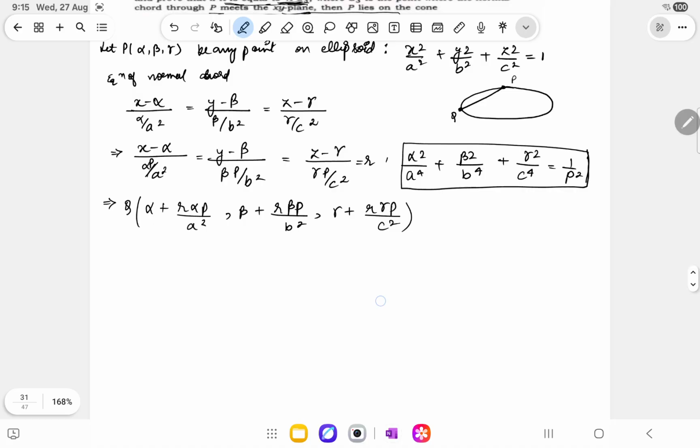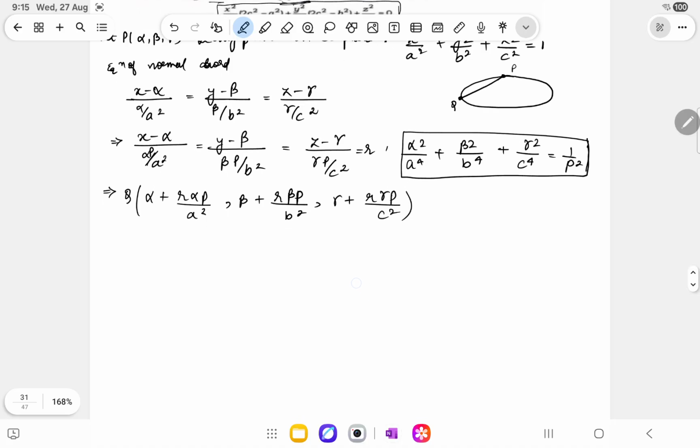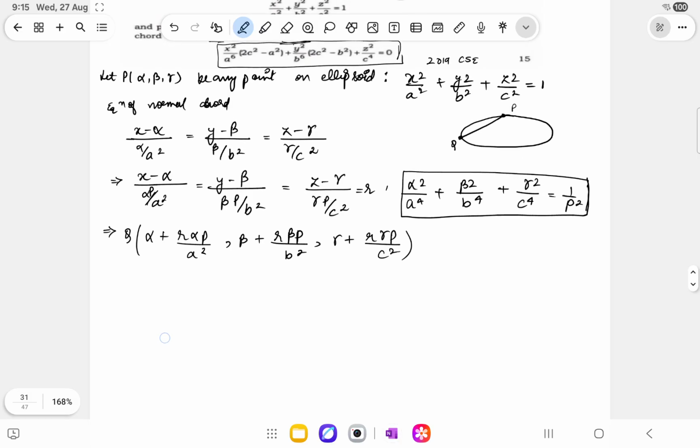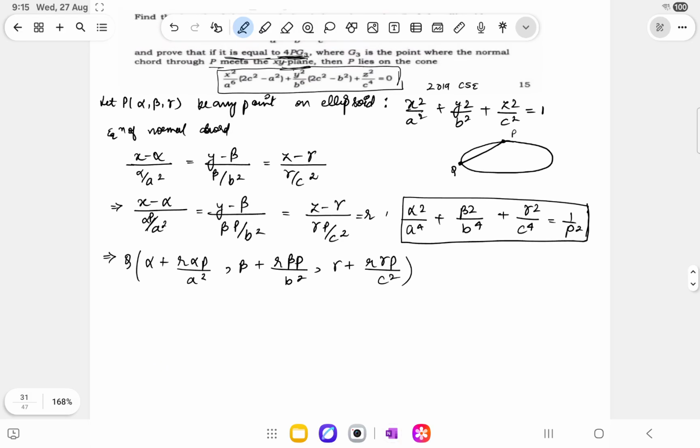So this is basically my point Q, and since it is the other point where the normal is cutting the ellipsoid, this point Q must be lying on the given ellipsoid.